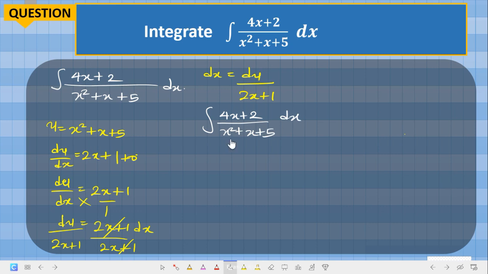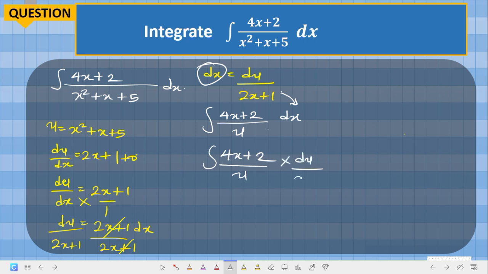Now we already said that our s squared plus s plus 5 is what? U. From here, u is equal to this, so we can put u here. Now our ds is this, so in place of ds you can put in this. Okay, so this gives us 4s plus 2 all over u times du all over 2s plus 1.